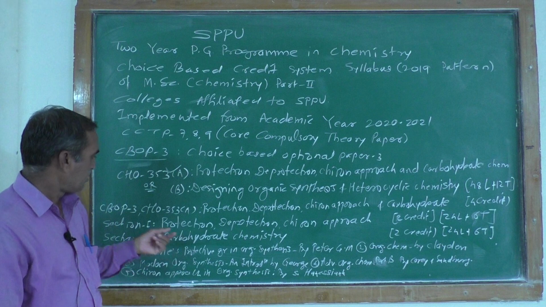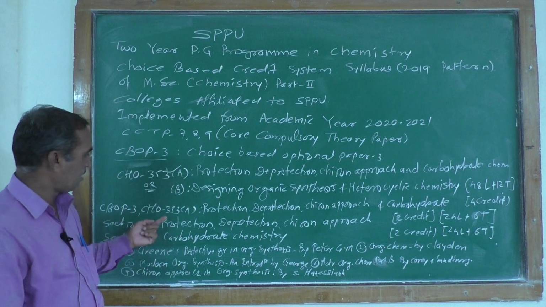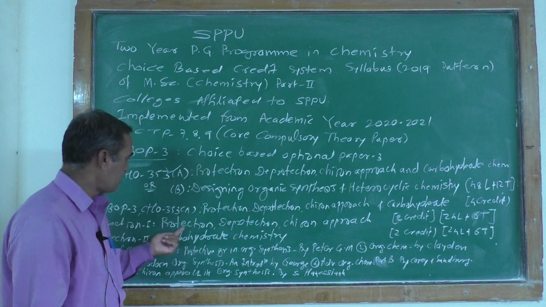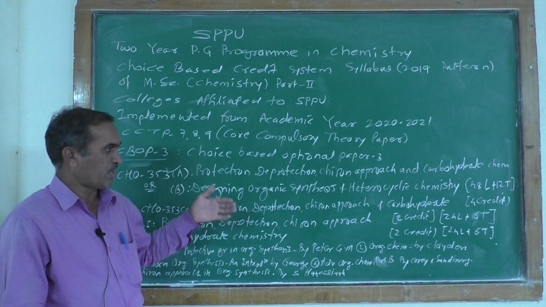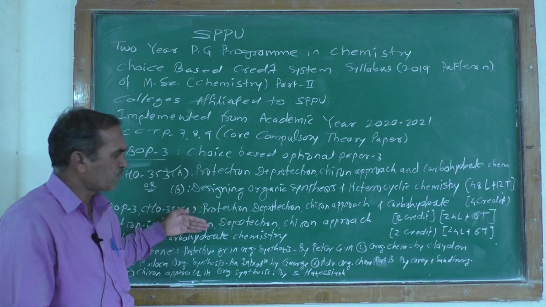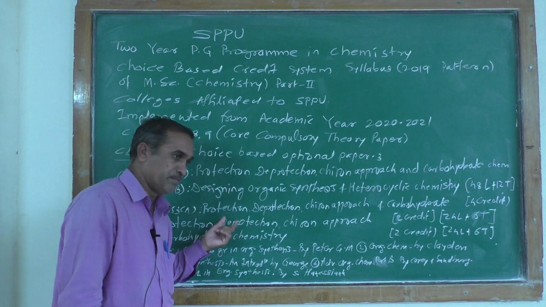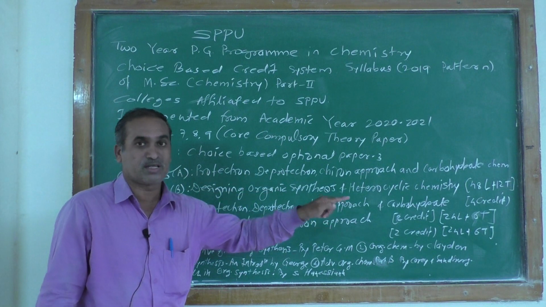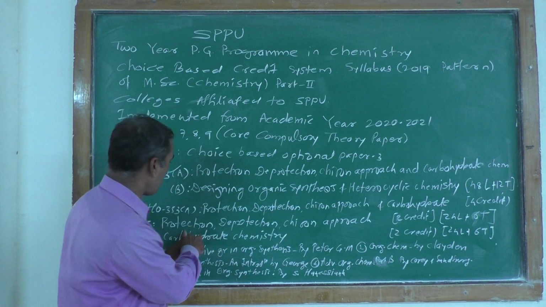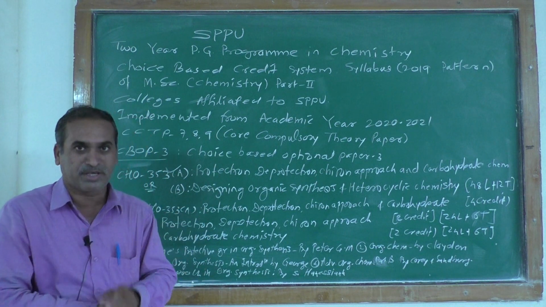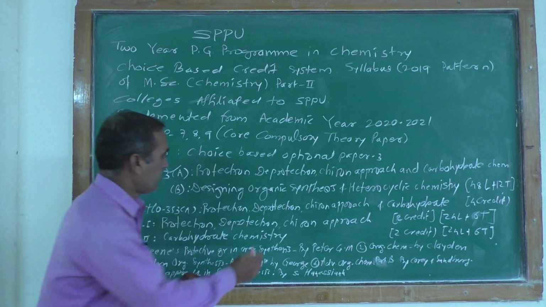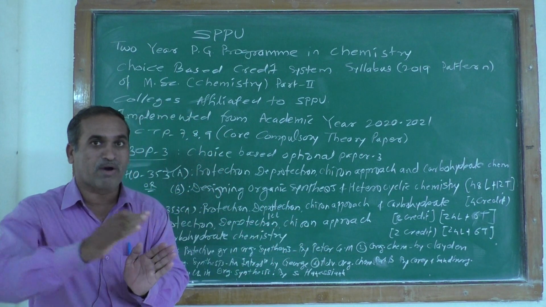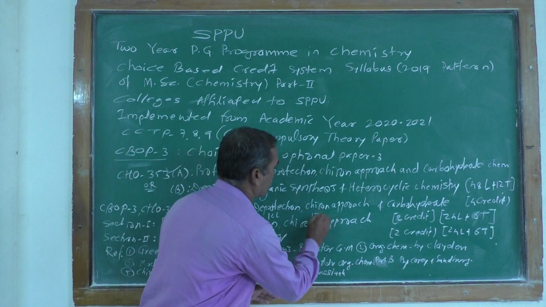Now if you look at this first section carefully: protection, deprotection, chiron approach. Protection and deprotection has 1 credit, and chiron approach also has 1 credit, because completion of protection and deprotection requires 12 lectures, and chiron approach also requires an equal number, 12 lectures.